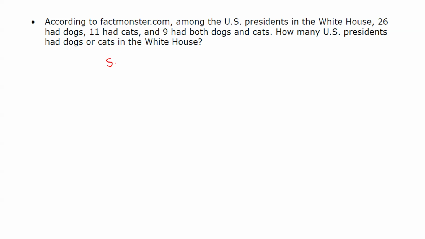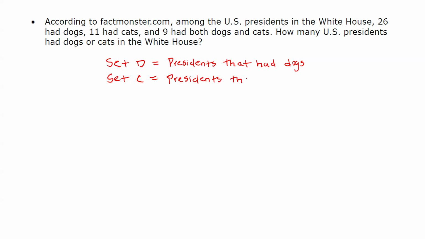We're going to let set D represent the presidents that had dogs. And then we'll let set C represent the presidents that had cats.